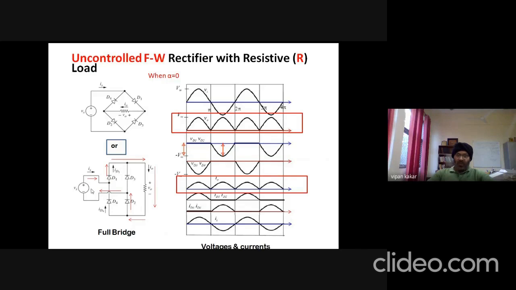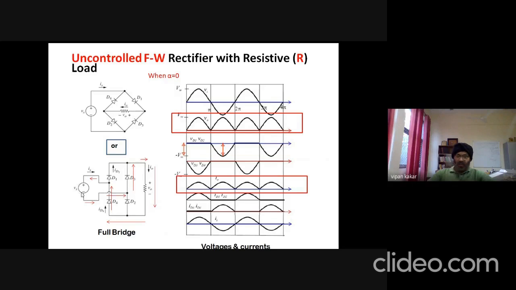Now in the negative half cycle in mode 2, the bottom terminal is more positive compared to the top terminal, so the current will follow this path. The current starts to flow from here through D3, because D2 is reverse biased, and then again goes from bottom to top through this load, the same direction which we saw in mode 1, and then goes back to the top terminal to complete the path.